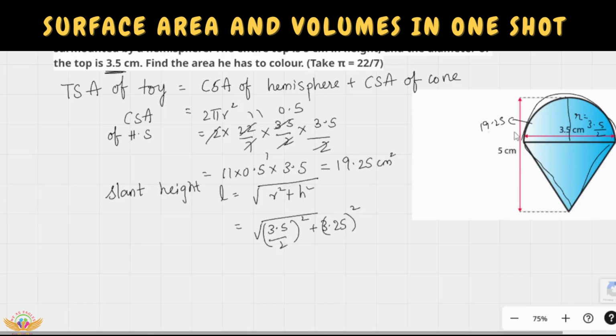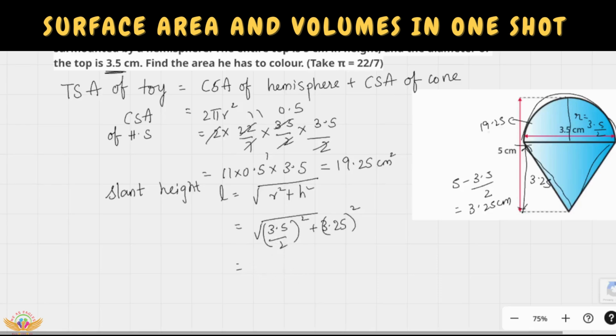When I subtract 5 minus 3.5 divided by 2, I got 3.25 centimeters, which will be the height of this cone. This part I got as 3.25. So 3.25 whole square.